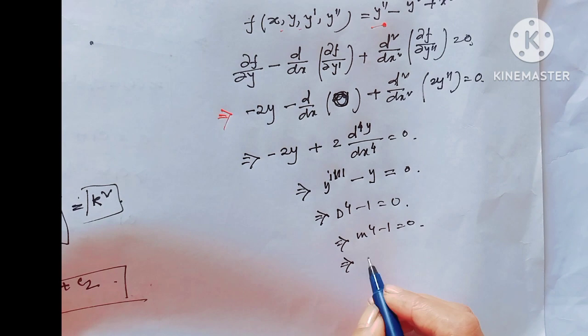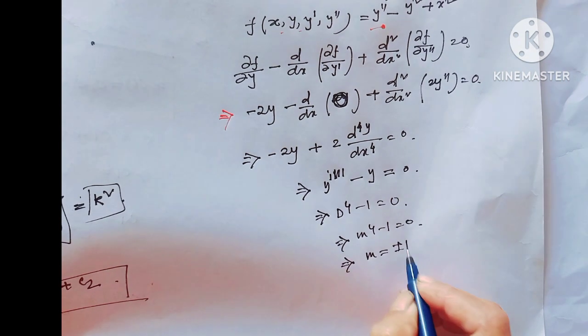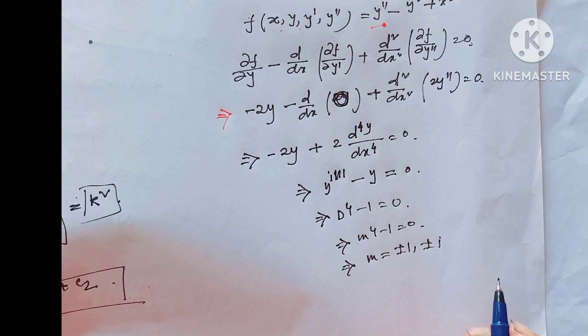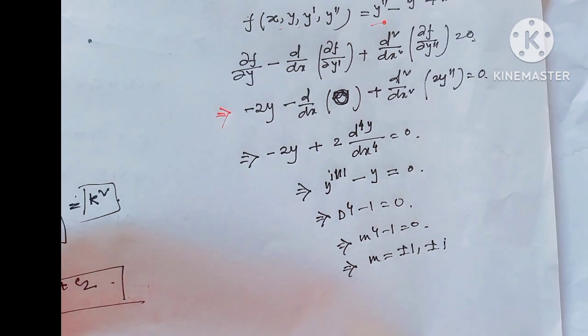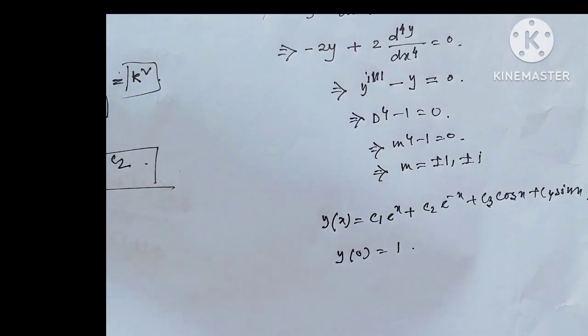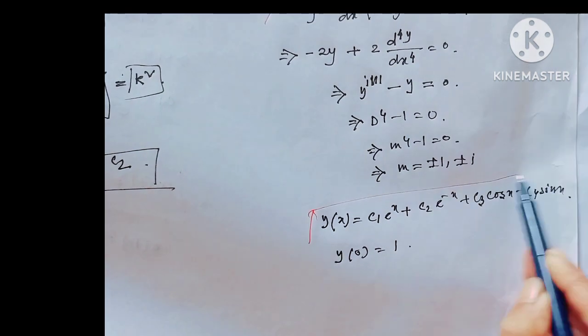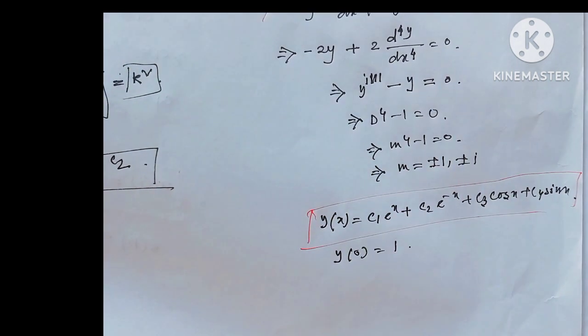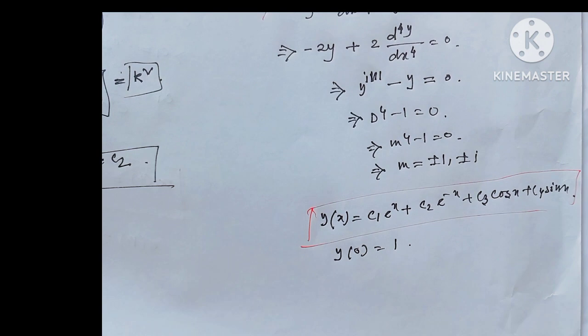Similar to before, here the roots are plus minus 1 and plus minus i. Therefore the solution would be y(x) equal to c1 e^x plus c2 e^(-x) plus c3 cos x plus c4 sin x.